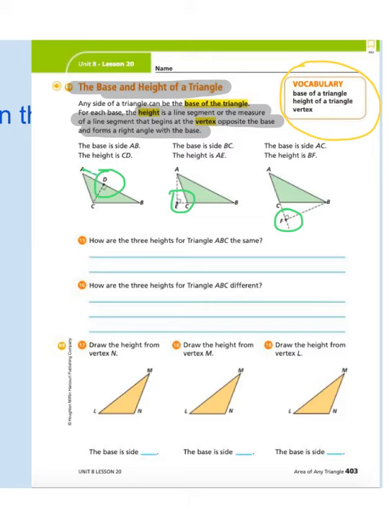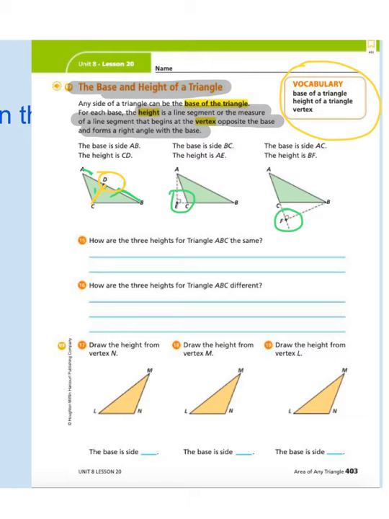So in the first triangle, that is the base AB, line segment AB. So they want to know what is the height. And the height, and I kind of wrote over top of it, so let me erase part of that. The height then is CD, which is right there. And you can see that 90-degree angle that I just covered up.